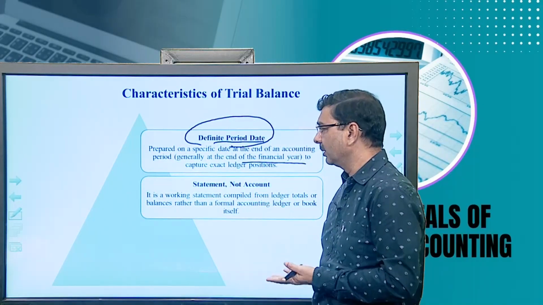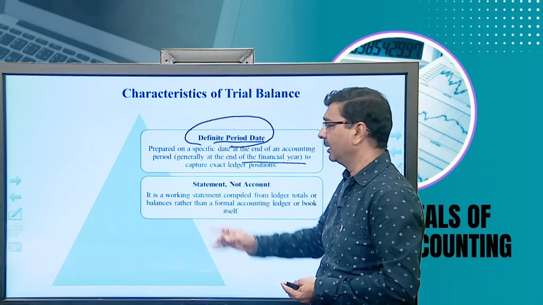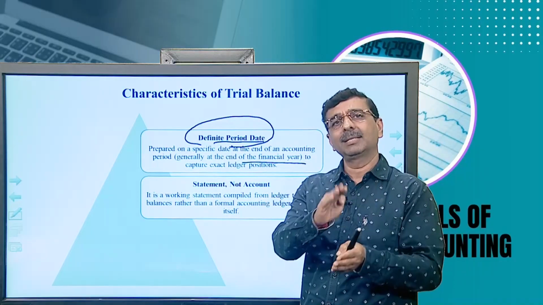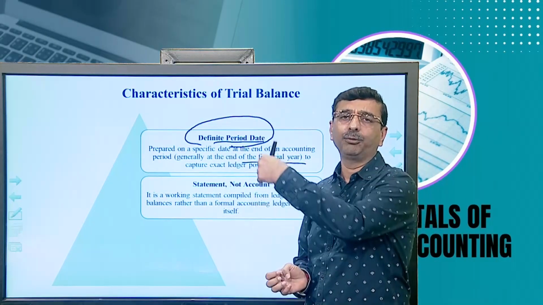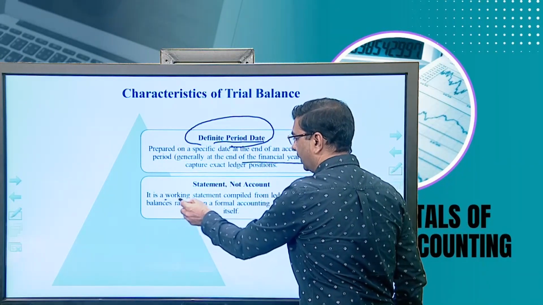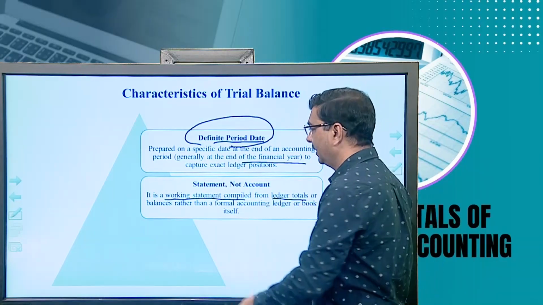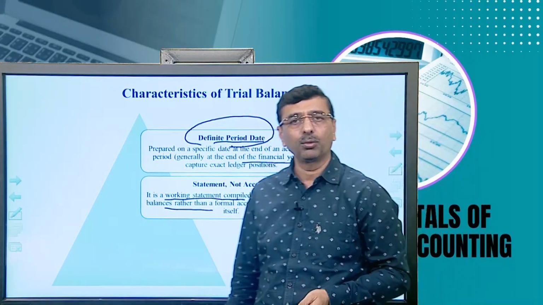Statement, not account, it is clearly a statement. Trial balance is considered a statement, it is not an account, because you transfer all the account balances into the specific statement, which is helpful to create the financial position statements. So, that is why it is considered a working statement compiled from the ledger accounts and the totals and balances rather than the formal accounting ledger or book itself.